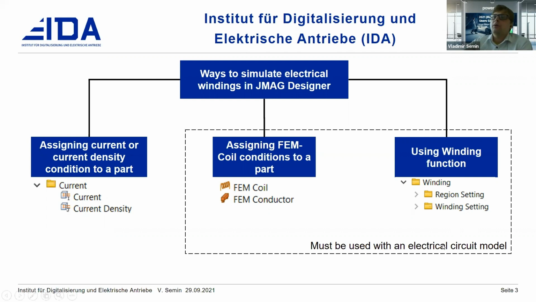Like I said before, the last two must have an electrical circuit model, which is probably not ideal for when one tries to simulate something quickly to evaluate an effect on, in that case, a current density condition would suffice.